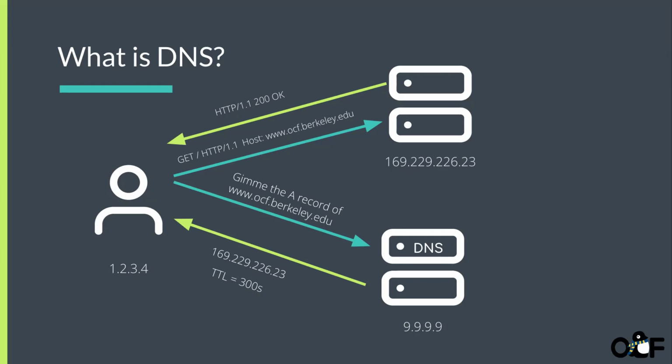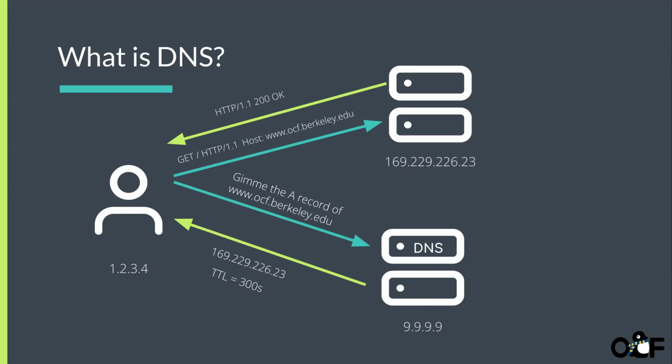We can reach a server at this IP address through TCP or UDP or whatever we want, through the internet. But when we visit a website, of course I could type in a big IP address, but in order to be more friendly, we usually have names like ocf.berkeley.edu or google.com.